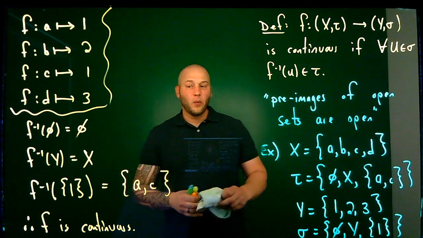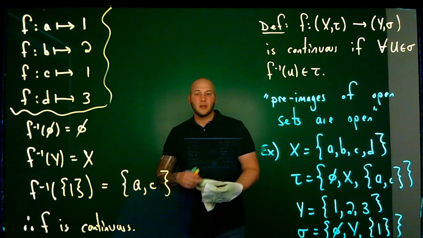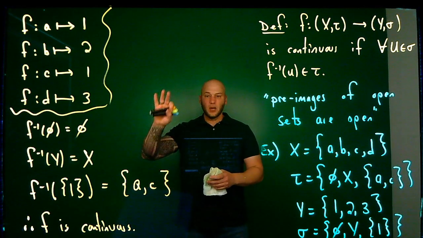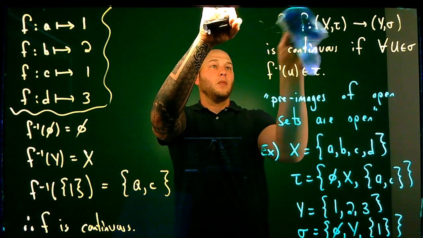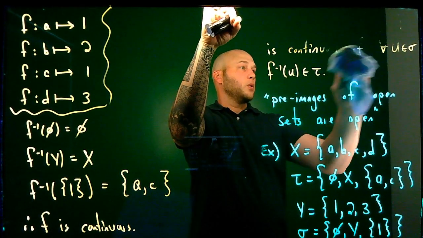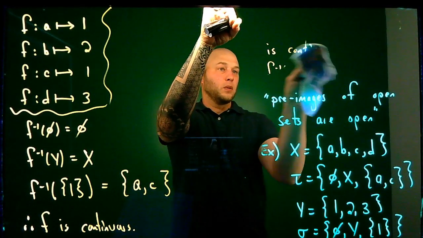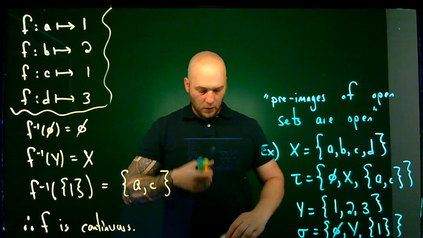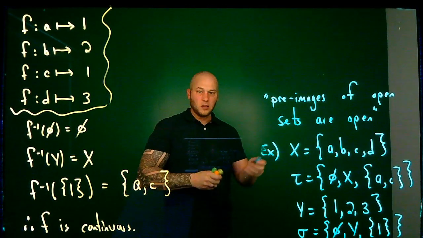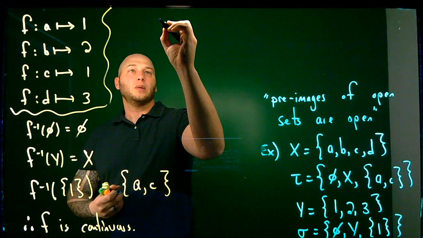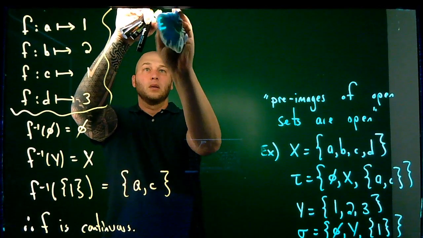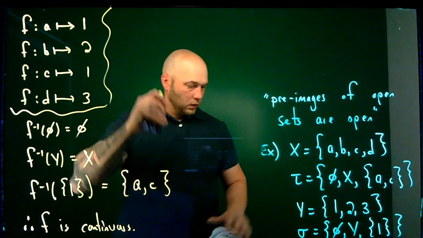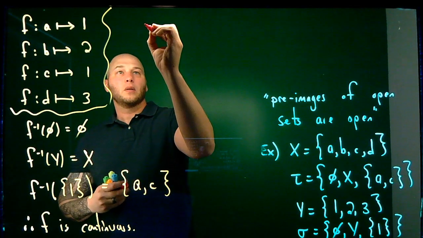Now, what I want to do is modify this example. Very similar type of function, very similar sets and topologies, and do one more thing. Okay, so let me leave that up there for the moment, and let's say next example. Actually, I don't think that blue shows up as well. Let's try this pink right here.